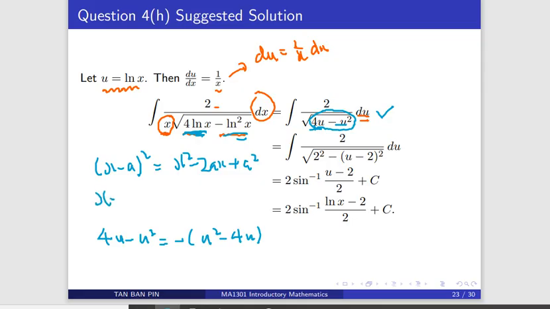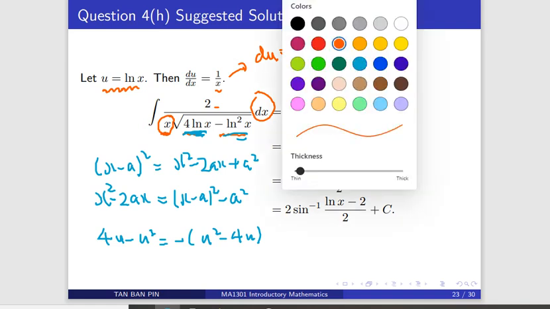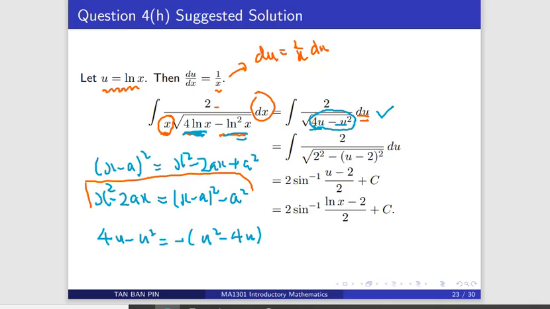So to complete the square, usually you consider x squared minus 2ax is actually (x minus a) squared minus a squared. So you can compare and find out what is a. So we'll be using this, and then this is your minus 2ax. So that means 2a is 4, so a is 2.